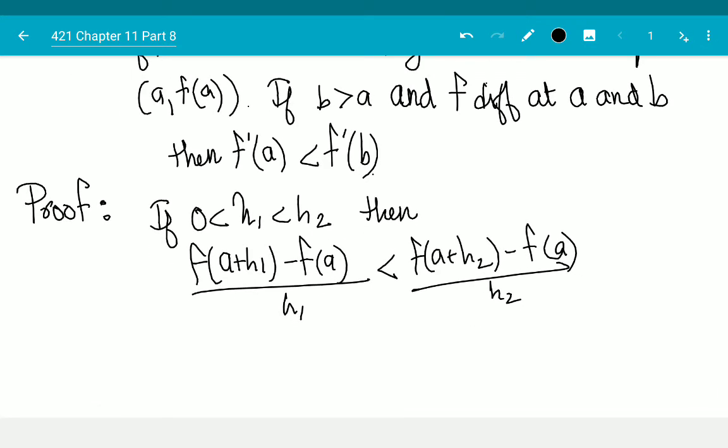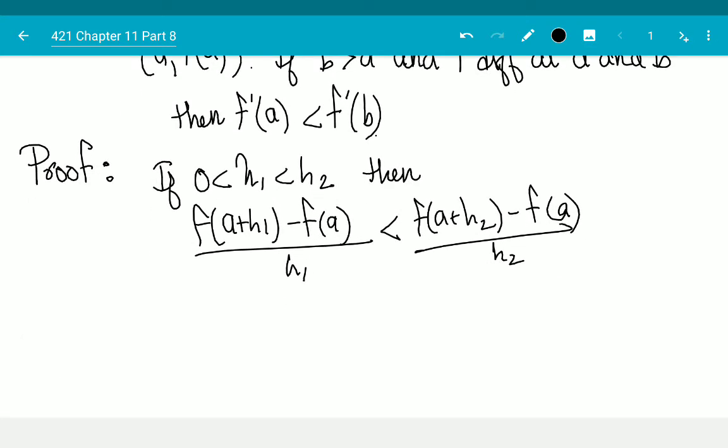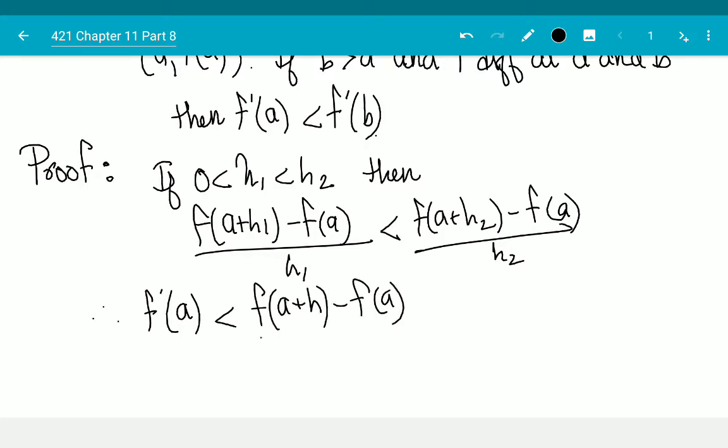Because, well, that is my definition of convex. And therefore f prime of a, which is the limit as h goes to 0, is smaller than f of a plus h minus f of a over h for every h greater than 0, right?